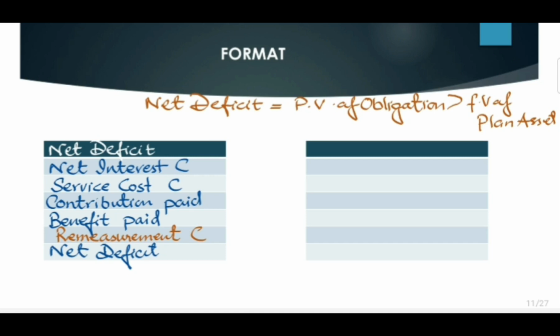So if you start your format with net deficit, then you need to adjust net interest component, then service cost component, then contribution paid by the employer into the pension scheme, and benefit paid by the pension scheme to the retired employees, and the remeasurement component is the balancing figure, as we need to consider what amount would be recorded as a result of adjusting all these adjustments like net interest, service cost, contribution paid and benefit paid, and what is the closing deficit. The difference of these two amounts is recorded as remeasurement component.